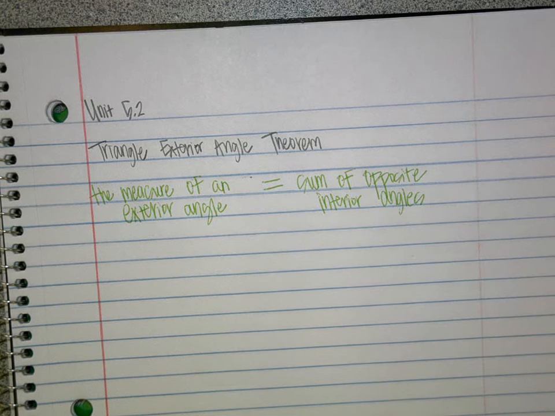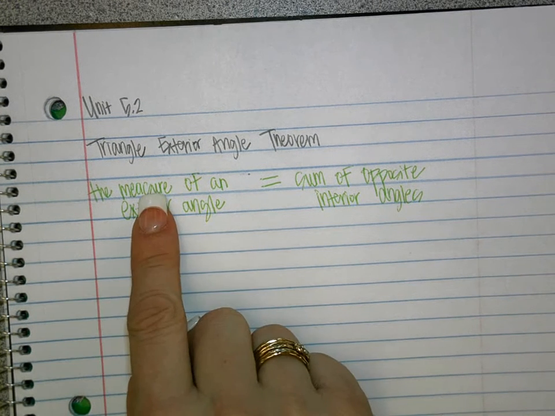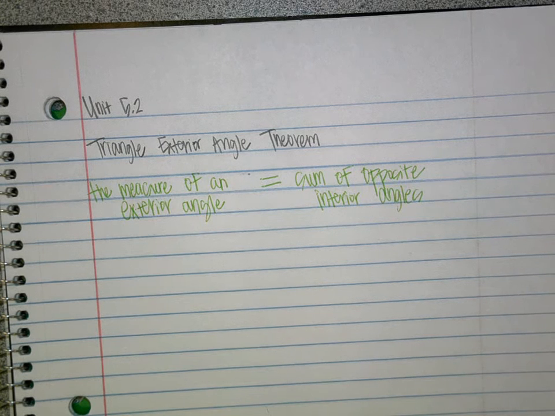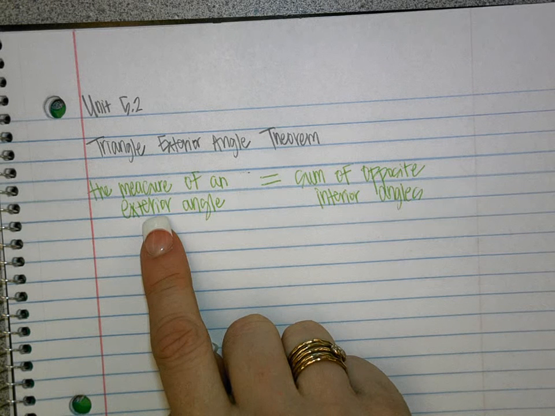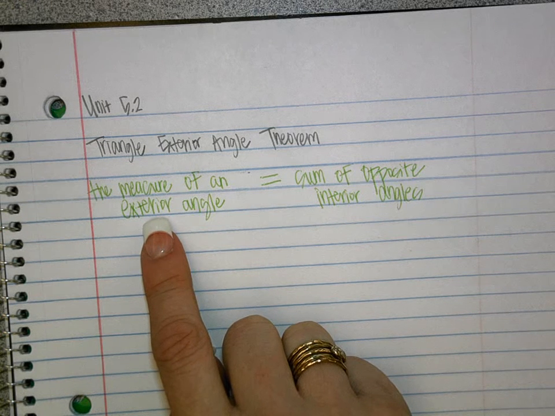So a couple vocab words that we just need to make sure that we're clear on. First off, measure is just the value. Okay, we're not going to bust out any tools or anything. You don't have to measure anything. What does the word exterior mean?